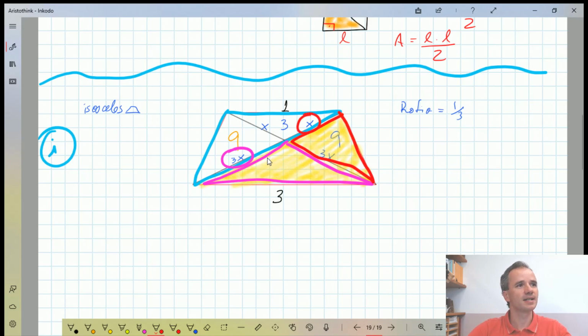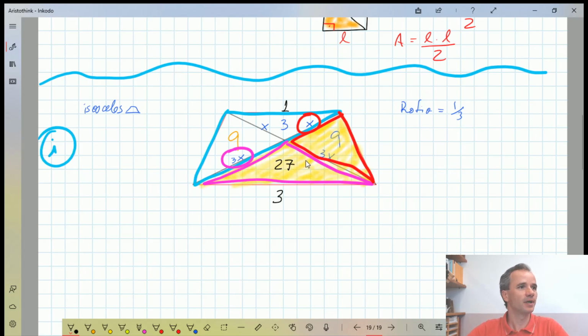It has base x. So if you look through those lenses, you're going to realize that if this base is triple this one, and this is 9, the area, then that area is going to be the triple. So it's going to be 27. Agree? Okay, we got all the areas. So the whole area is going to be what?